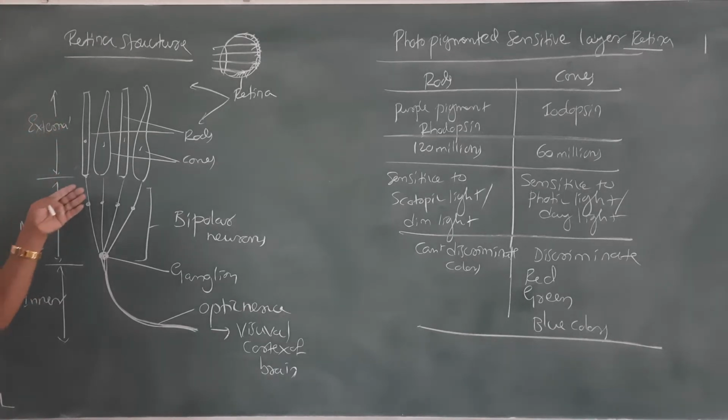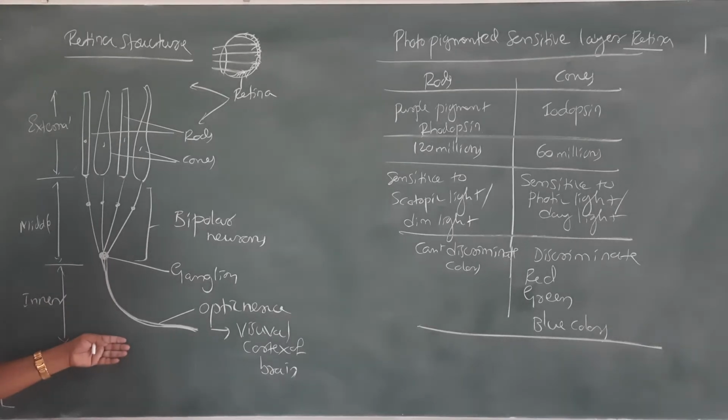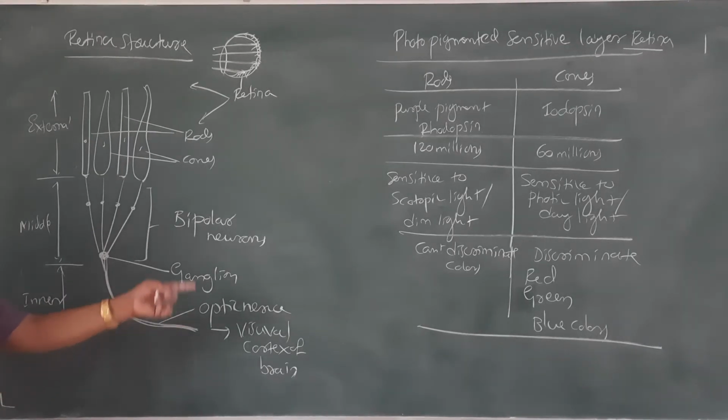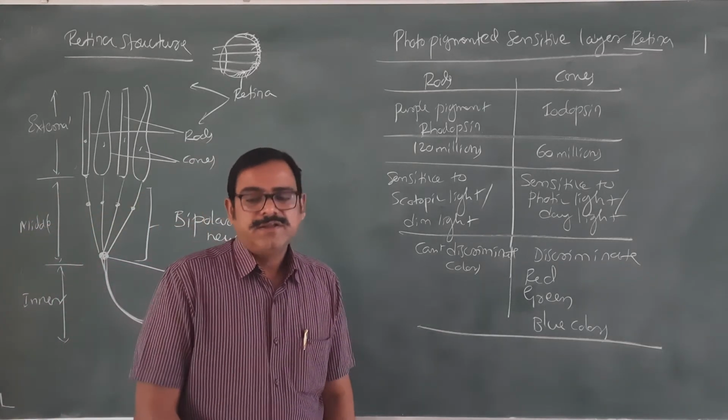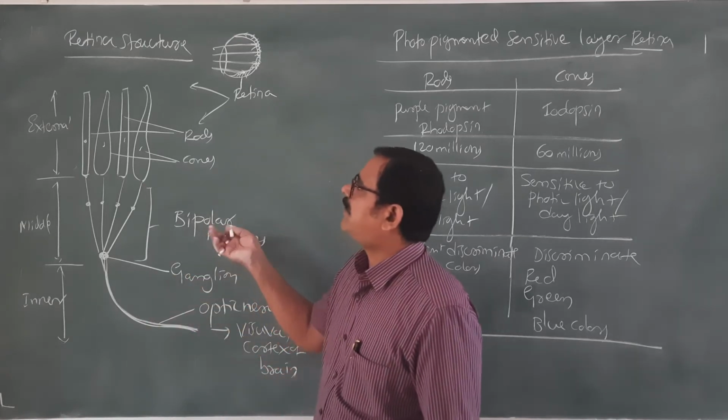The middle is bipolar neurons, and on the inner side you find ganglions and the optic nerve. This is essential because the rods and cones receive the light signals and send them to the bipolar neurons, then the ganglion, then the optic nerve, then the visual cortex of the brain. So we need to understand the basic structure of the retina.